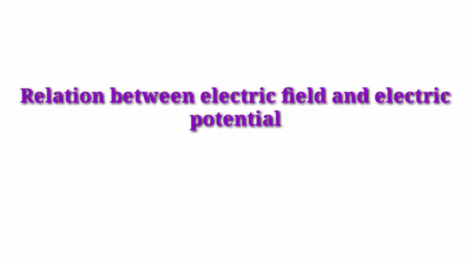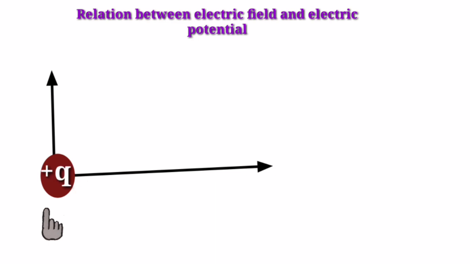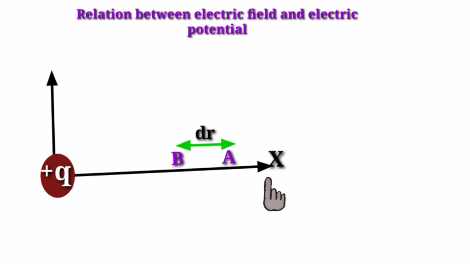Now, we are going to derive the relation between electric potential and electric field due to a point charge. Consider a charge plus q placed at origin. Suppose 2 points A and B are separated by a distance dr on the x-axis, and let the potential difference between the points be dV.